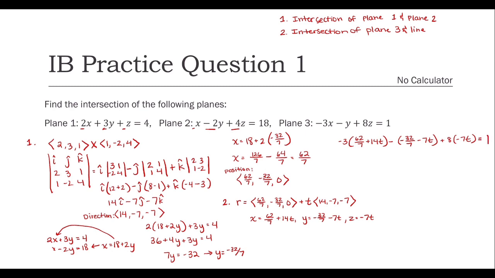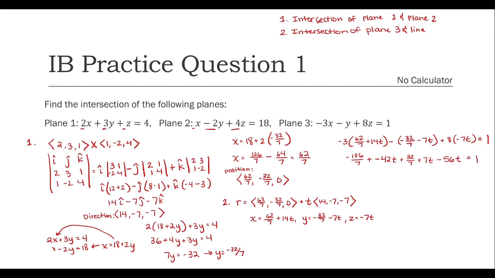So negative 3 times 62 over 7 would be negative 186 over 7 plus 14 times negative 3 is going to be a negative 42t. Then we have minus negative 32 over 7, so that'll be plus 32 over 7, minus negative 7t, so plus 7t. And then we have minus 56t equals 1.